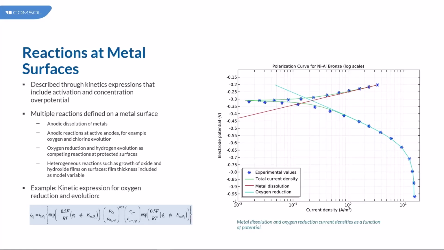At the right, we see a typical polarization curve for nickel aluminum bronze, where the total current density can be divided into two reactions, one for the metal dissolution and one for the oxygen reduction, giving a total net zero current at around minus 0.31 volts, which is the open circuit potential for this metal.